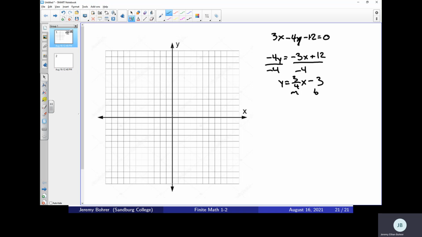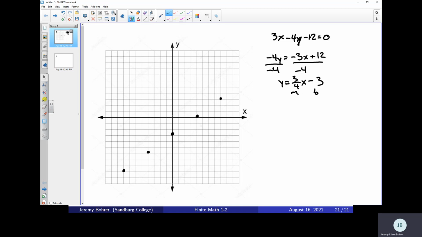This is going to slope upward. We're going to go up 3 for every 4 units we go right. So we get this point here and this point here. I can't really go any further on that side, but we can go down here and down here.